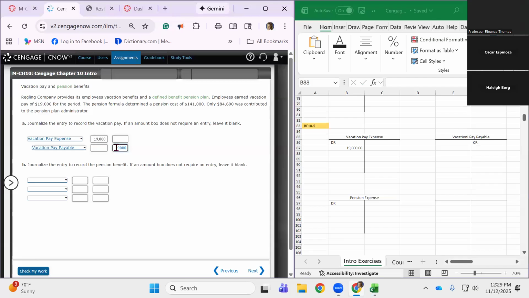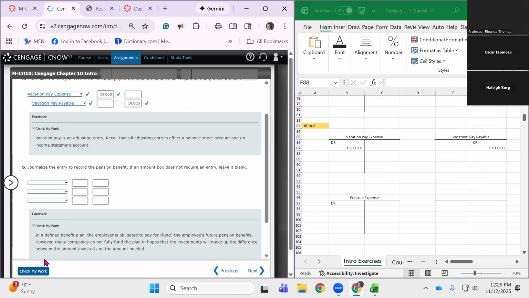They're just setting aside this vacation pay for when employees are ready to take it. What do I mean? Well, when an employee takes vacation, instead of it being a wages payable, they'll actually take it out of this payable. So that first one should be all right.